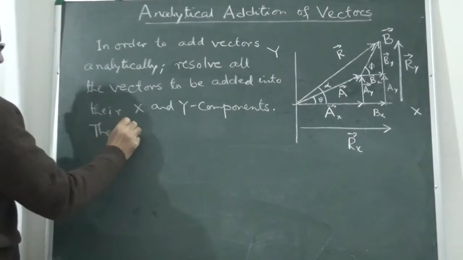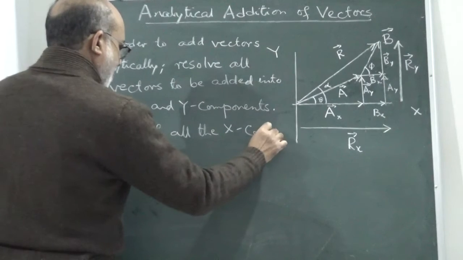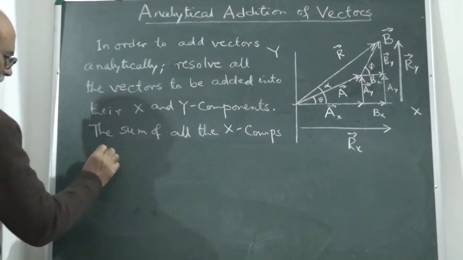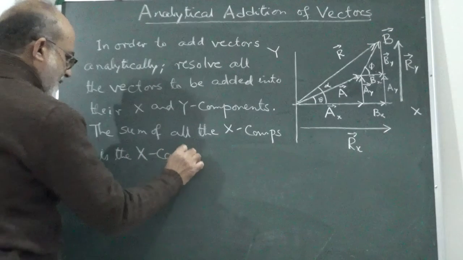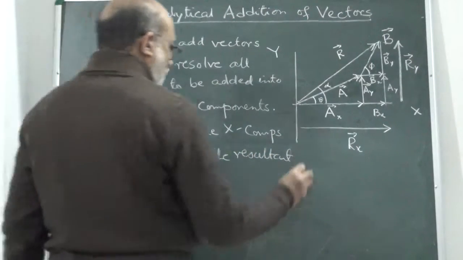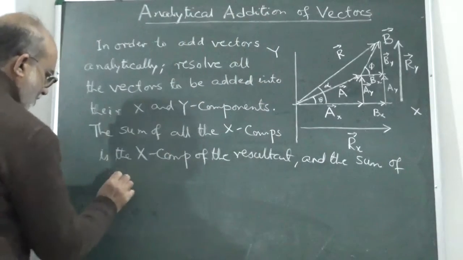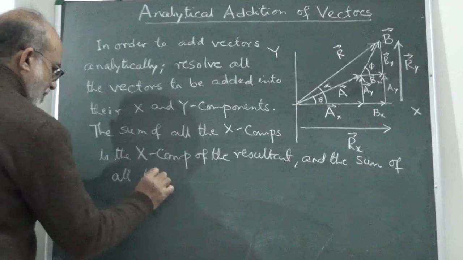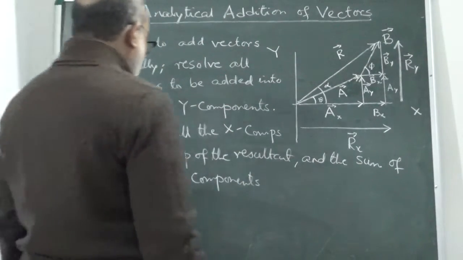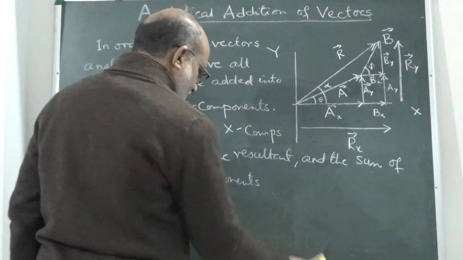The sum of all the x components is the x component of the resultant, and the sum of all the y components is the y component of the resultant.